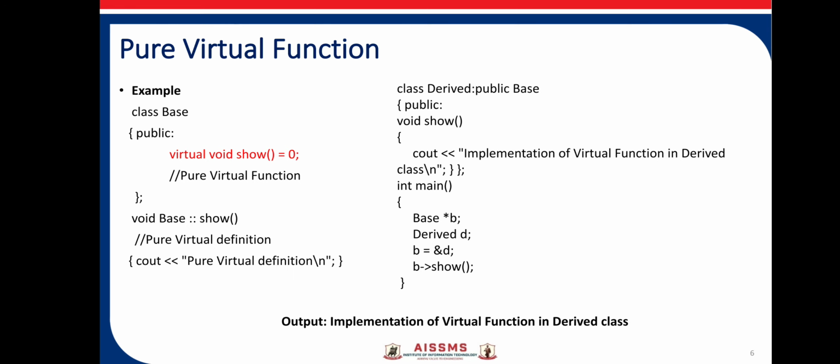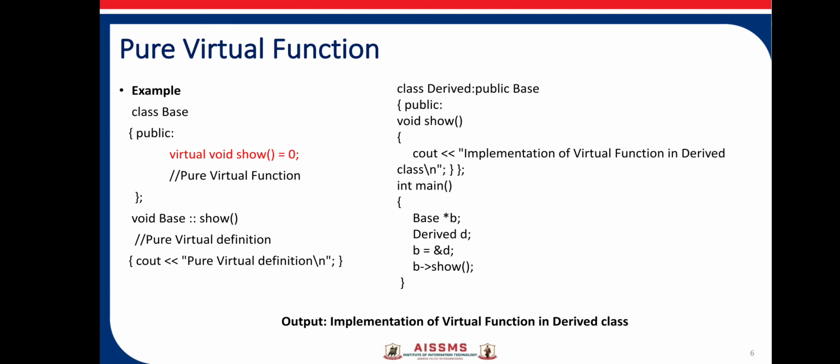As per the rules, to access the virtual function, we need to use a pointer variable or a reference variable. So to call the function inside main, first we create a pointer variable for the base class. Then we create an object for the base class pointer.